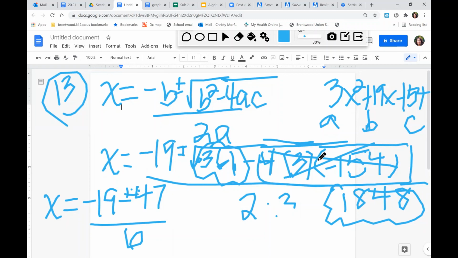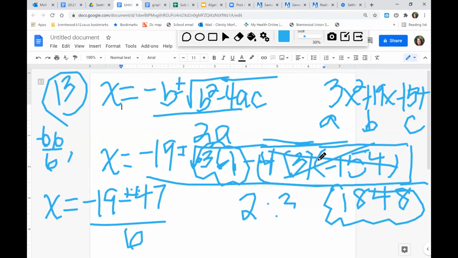Then you would take your calculator in your brain and separate these problems out. Negative 19 minus 47 would be, I'm totally running out of room, negative 66 over 6. I'll come back and simplify in a little bit.